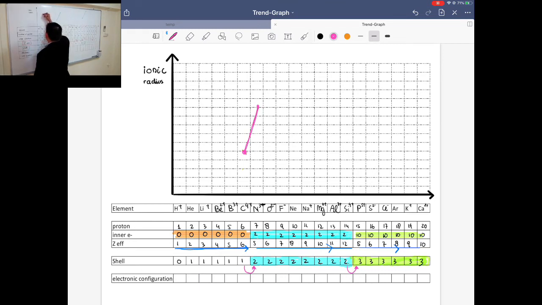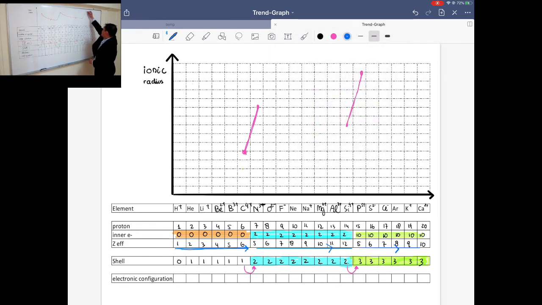Starting from helium, it will be a gradual decrease. Starting from nitrogen 3 minus, there will be a gradual decrease of ionic radius. And also starting from phosphorus 3 minus, there will be a gradual decrease also. The reason is because you have increasing effective nuclear charge.